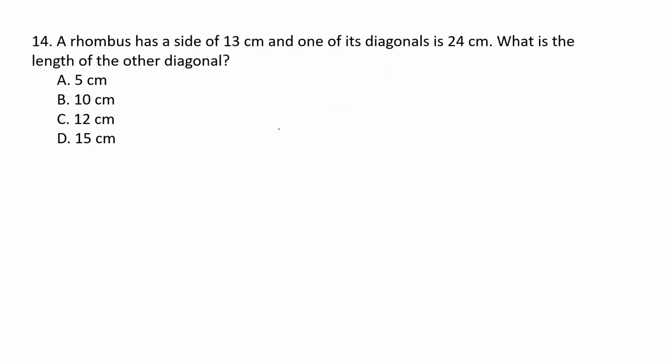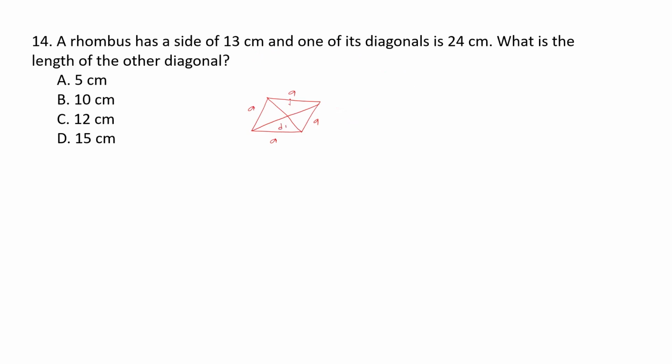Other diagonal you have to compute. So, what is a rhombus? Rhombus is this shape where all sides are equal A. And one diagonal is different. The size of one diagonal is different from other diagonal.